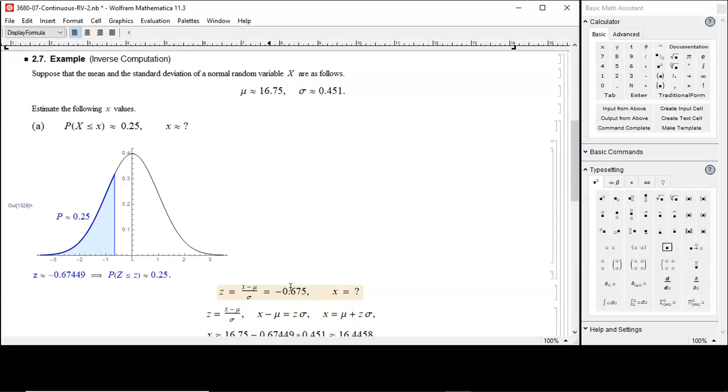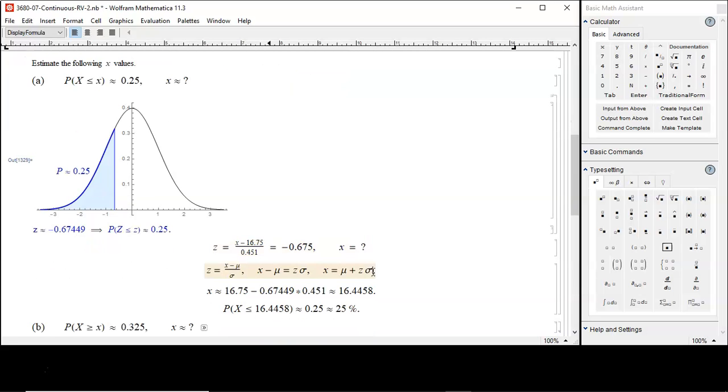It's basically this problem where mu is 16.75 and sigma is 0.451. So what is this? Nothing more than a simple linear equation, numerical linear equation. You can use calculator, or as I did before here, I can solve it symbolically and then plug in numbers. I could do that too. Either way it works.